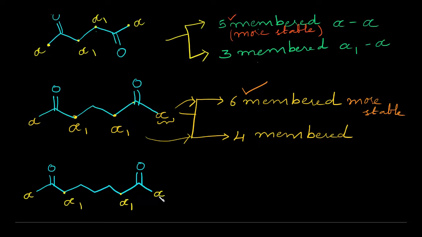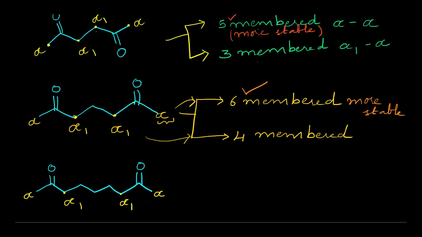If your carbanion is generated from this carbon, then let us count the number of carbons involved in the ring: 1, 2, 3, 4, 5, 6, 7, 8.